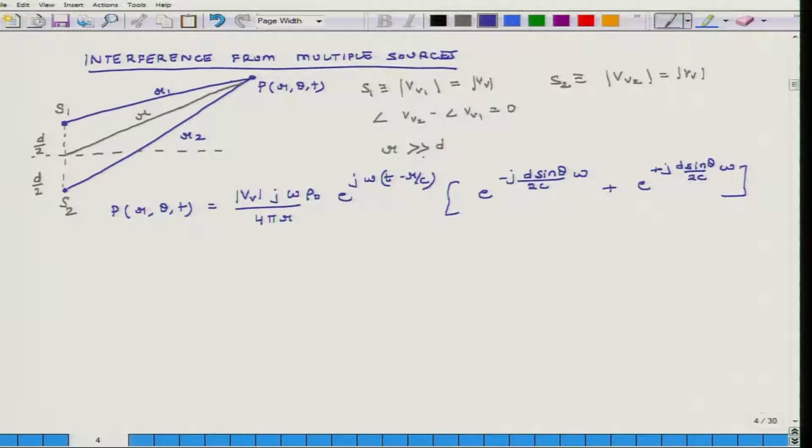When the phase difference was phi, there was also an e to the power of j phi in both these terms, but that has gone away.